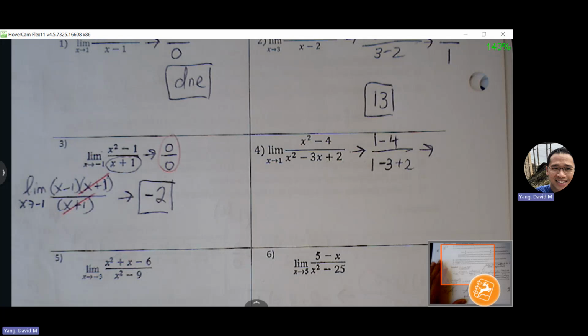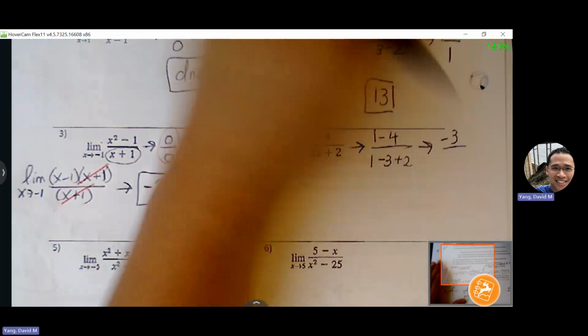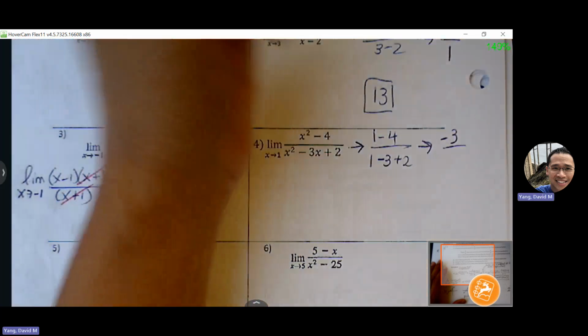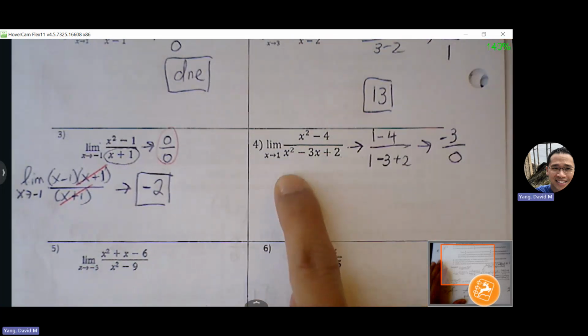All right, what do we get? -3 over 0. What does that tell us? Vertical asymptote, which means that the limit does not exist.